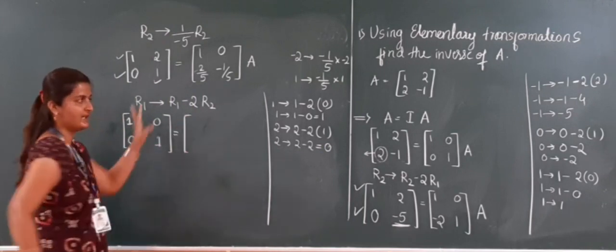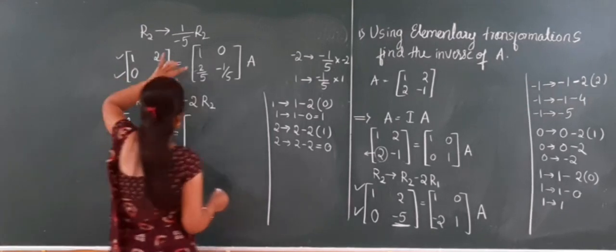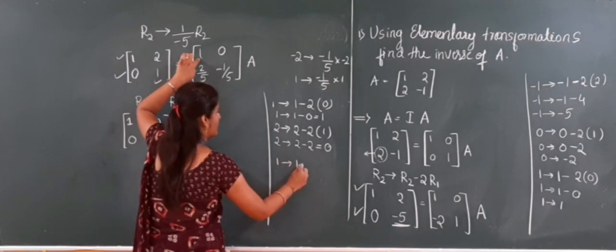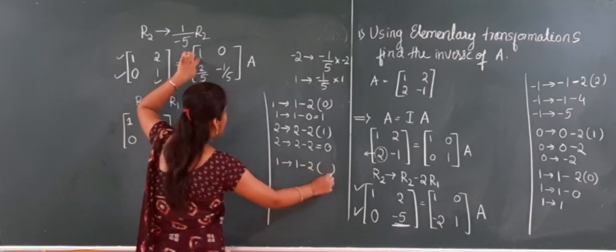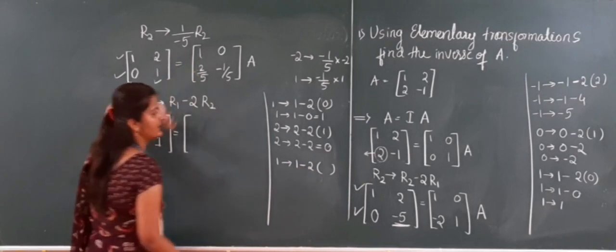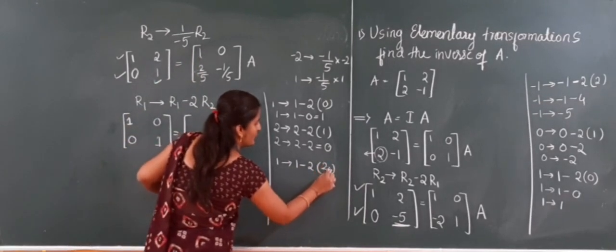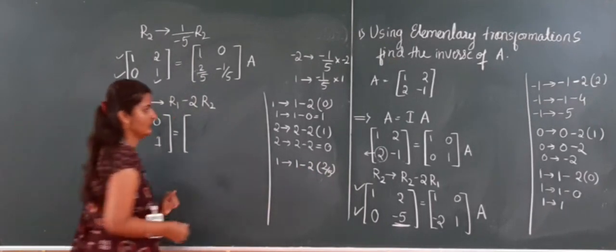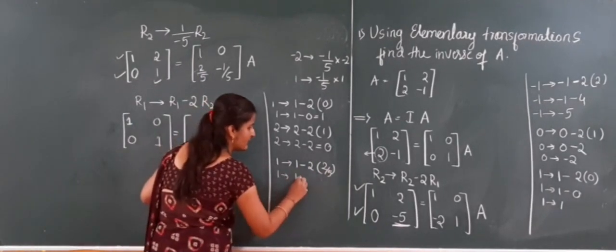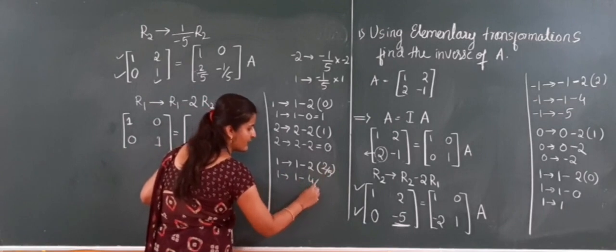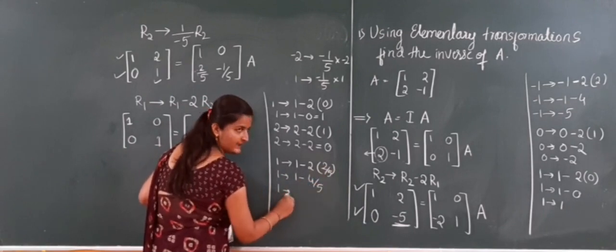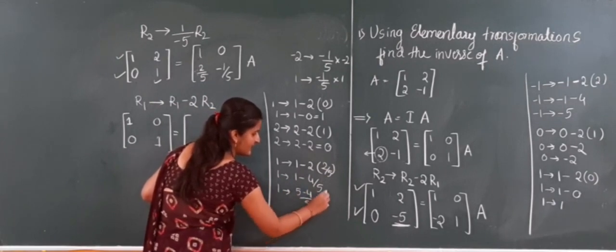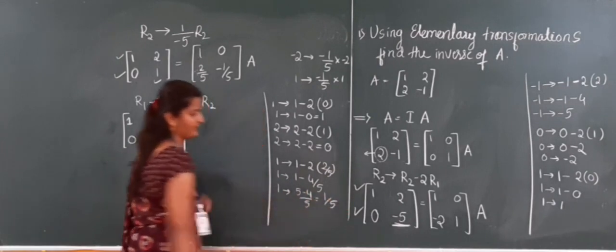Next I have to apply here also. So first I have to change R1. 1 changes to R1 minus 2 into R2. R2 here is 2 by 5. So 1 changes to 1 minus 2 into 2 by 5. After taking LCM, we will get 5 minus 4 divided by 5, that is 1 by 5.